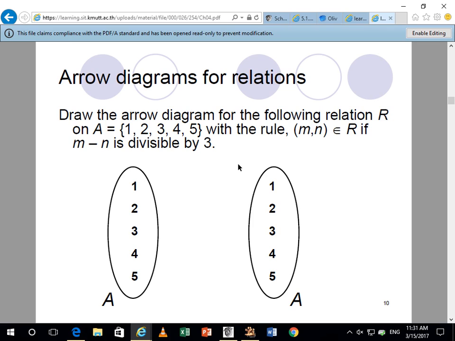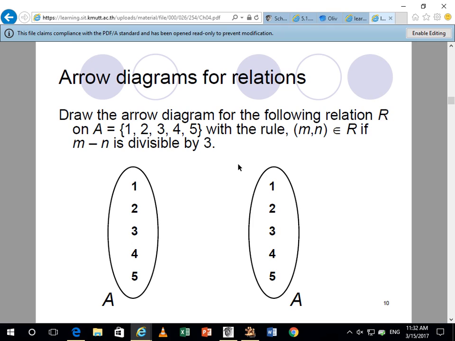If A is 1, the input is 1, what's the output? Someone said 4. So A is 1 here. The ordered pair (m, n), by default, is in A, and the codomain is also A, right? That means 1, 2, 3, 4, 5 for the domain, and 1, 2, 3, 4, 5 for the codomain.